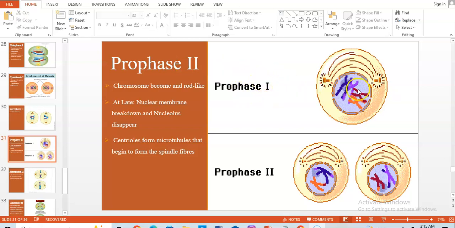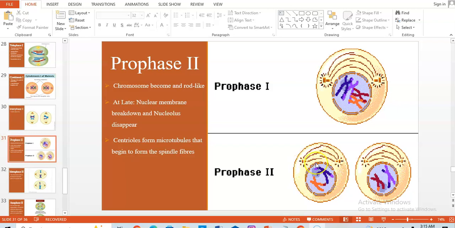This is just to show you the difference between prophase 1 and prophase 2. Here you can see the tetrads, the homologous pairs, each making up bivalent chromatids. At prophase 2, the chromosome becomes rod-like, as it usually is. At late prophase 2, the nuclear membrane breaks down and the nucleus disappears.